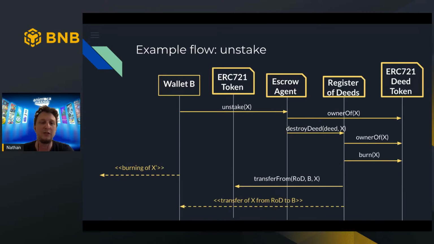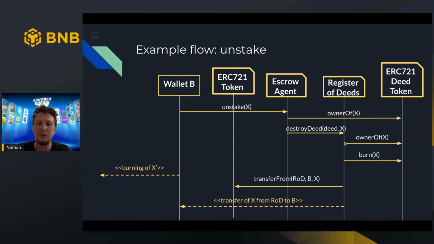And finally, the flow for unstaking. Now wallet B is still the owner of X prime. So it will call unstake for token X on the escrow agent. The escrow agent will ensure that B is a legitimate owner of the deed, then will request the register of deeds to destroy X prime.